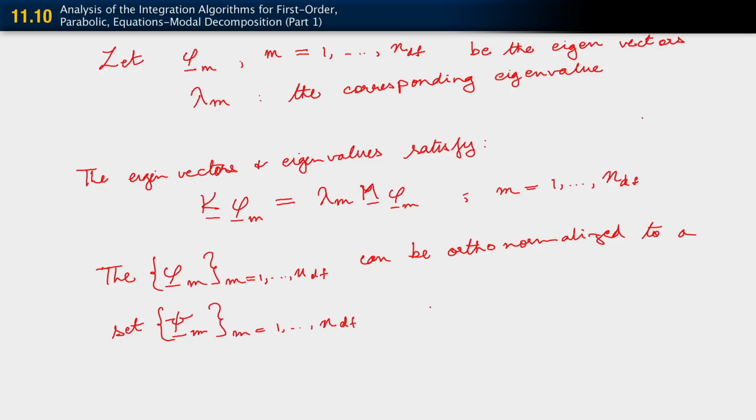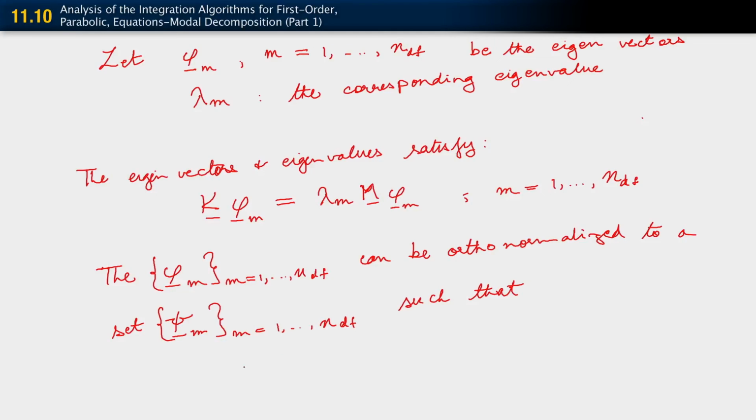They can be orthonormalized to a set psi m which are such that this orthonormality property is an orthonormality with respect to m.